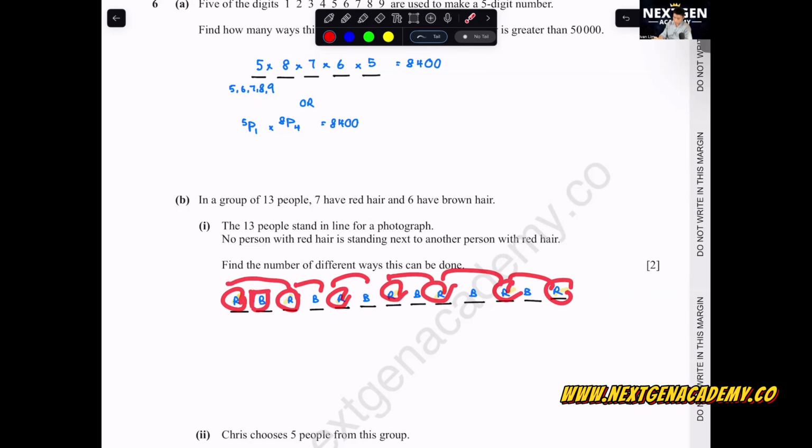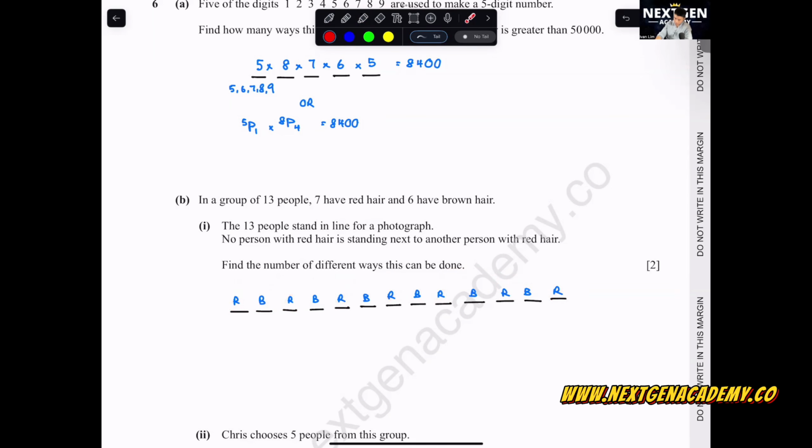The browns can only interchange with each other, the brown with the brown, then the red with the red. So how do we do this calculation? It's either you do 7P7 times 6P6, or you use 7 factorial times 6 factorial. Okay, you can write this down.